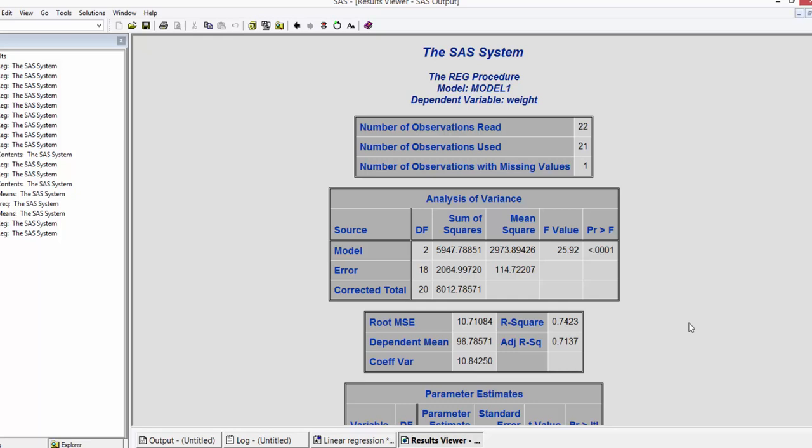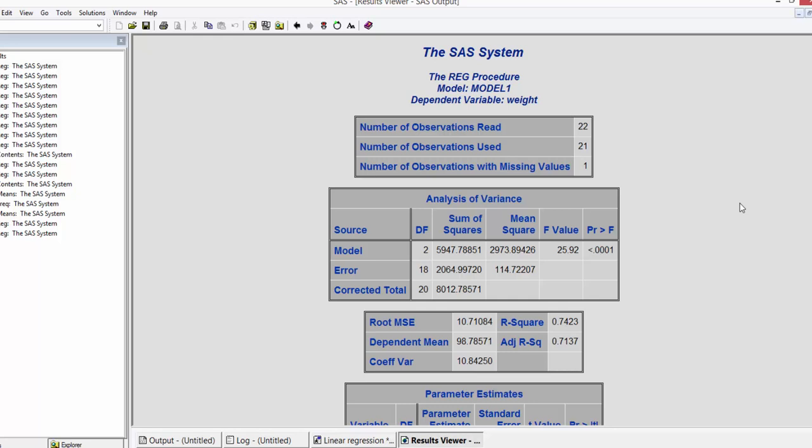Okay, so the OLS, which stands for ordinary least squares, is the algorithm being used to find out the estimates, which are the intercept and the slope coefficients. So let's go one after the other.